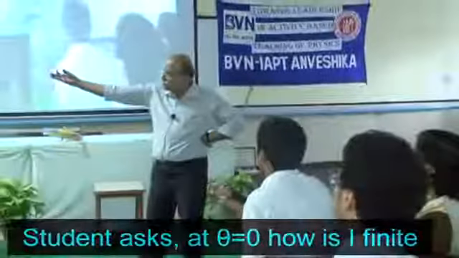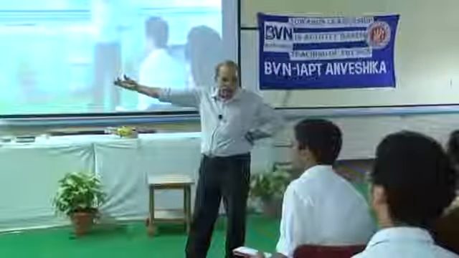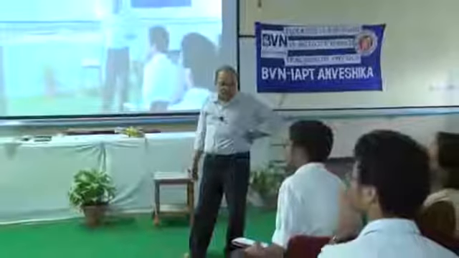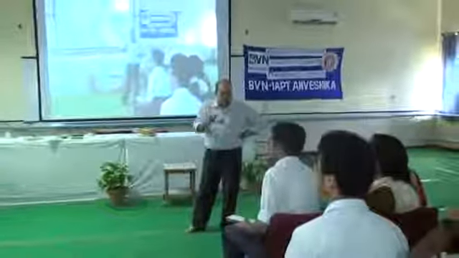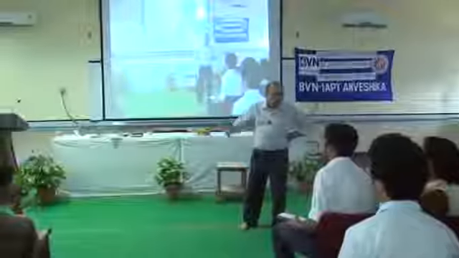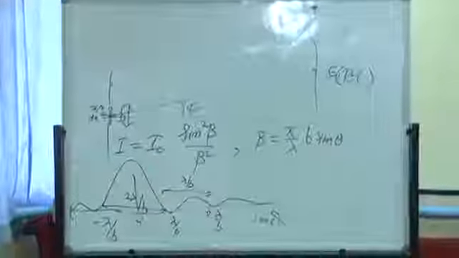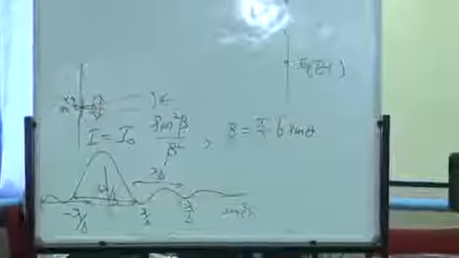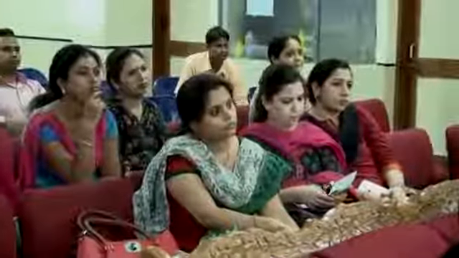Right. So try to do some calculus. Your I is I naught sine square beta by beta square, and you are at the central point. So theta is equal to 0. Now try to calculate this sine square beta by beta square. It's infinity. Denominator is 0. It is 0 by 0, right? So don't think that since theta is 0, therefore beta is 0, therefore sine beta is 0, and therefore the intensity is 0.